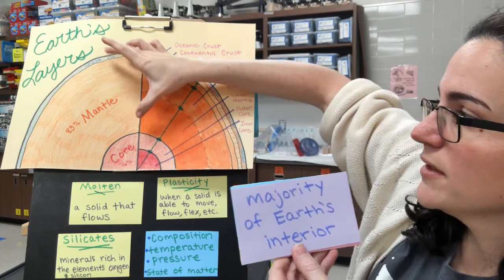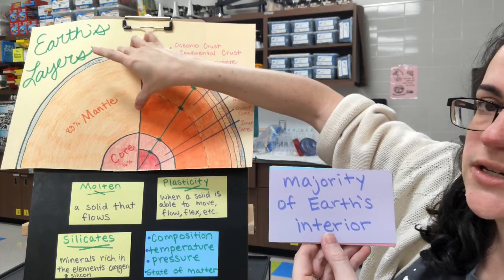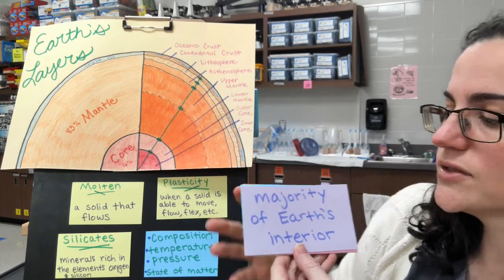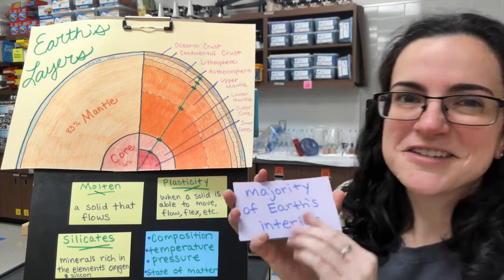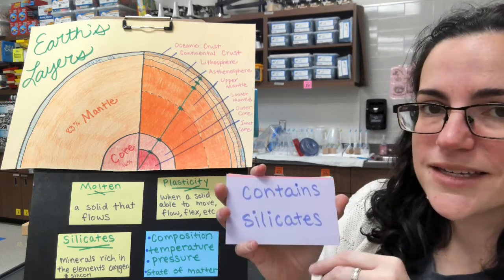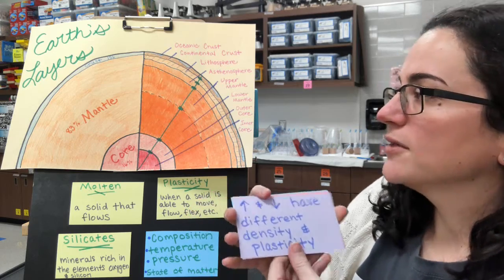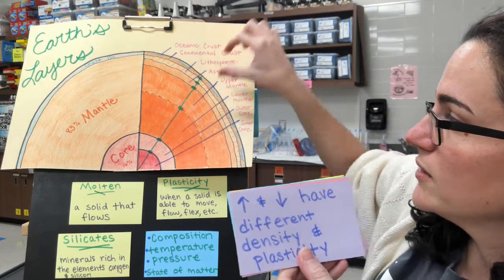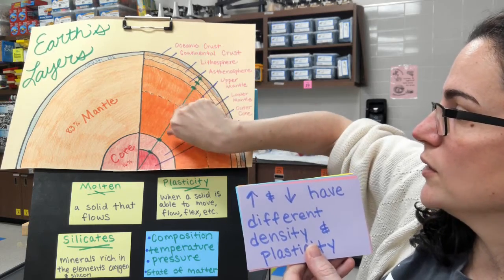Now when you talk about the mantle, this huge chunk right here, this 83% out of all the layers, that is the majority of the inner guts of Earth. And it also contains silicates. Now the mantle can be broken into the upper mantle and the lower mantle.